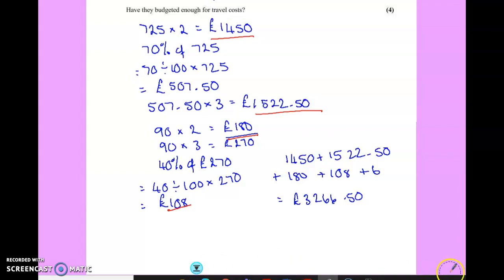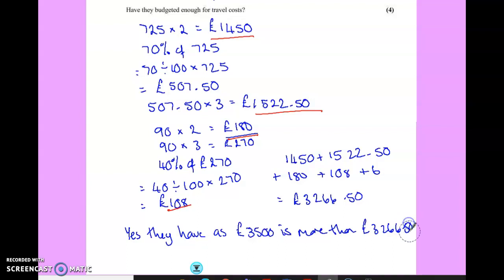Okay, we were told they budgeted 3,500. We want to know, did they budget enough? Yes, they have, as 3,500 is more than £3,266.50.